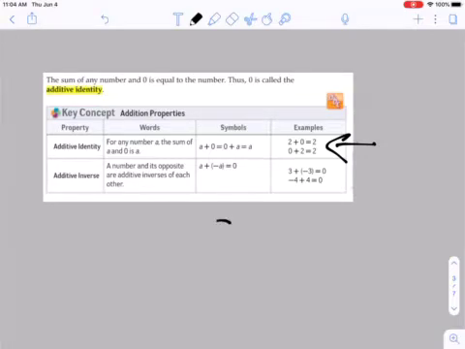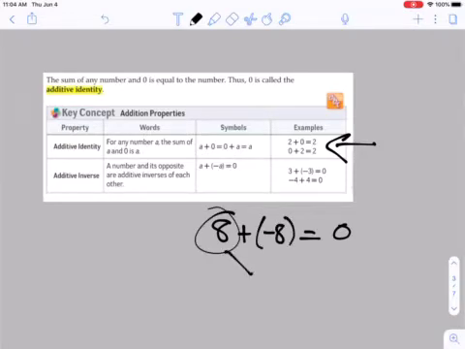So for example, if I have 8 and I want to add something to it to make it equal 0, the only way I can do that is if I take the opposite of 8, which is negative 8. So we call those additive inverses. Negative 8 is the additive inverse of 8 because I can add it to 8 and it undoes it and makes it equal to 0.